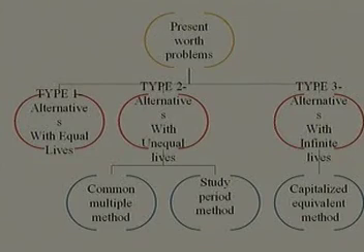Now, when I move to type 3, they are basically the problems which involve infinite lives. Most of the civil engineering structures have a very high life of the order of 75 years, 100 years, 150 years. For all practical purposes, they can be treated as structures or alternatives with infinite lives.